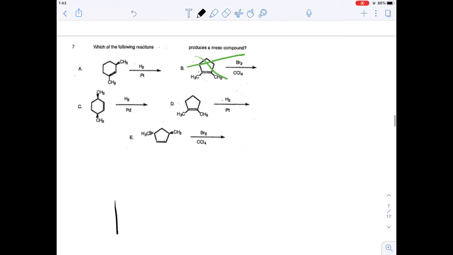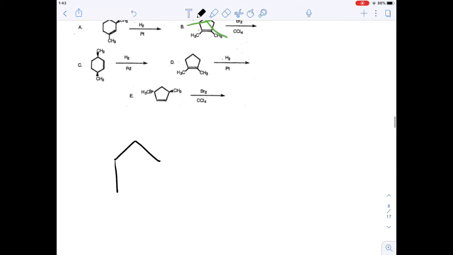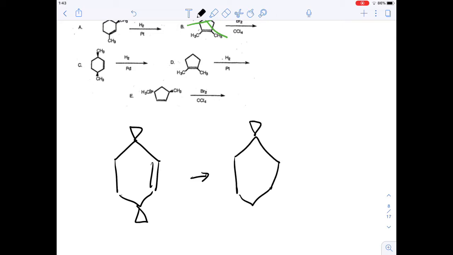Okay, so for option C, one second. We're going to do the same thing. You have a double bond here. You're going to add your H's. You're just going to get this now.